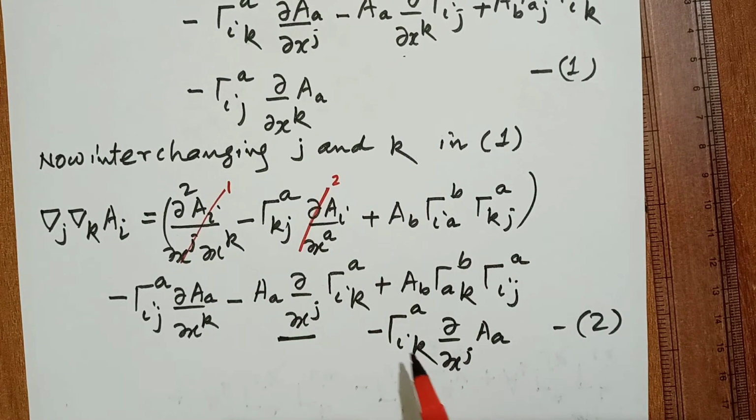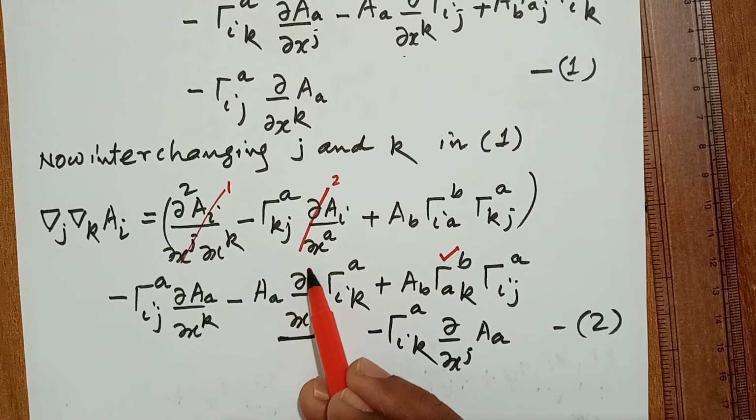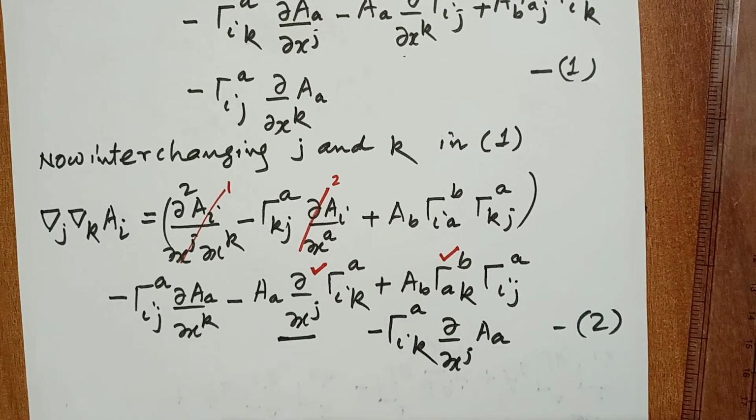So here a_b a_ij b_ik, and the next term is a_b, here a_a del upon del x j. So the remaining terms will cancel.